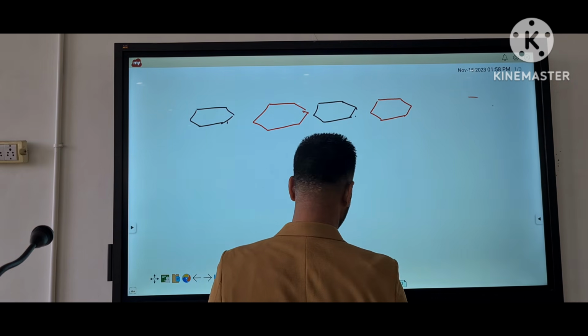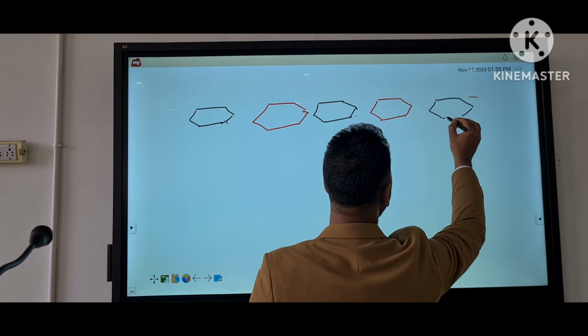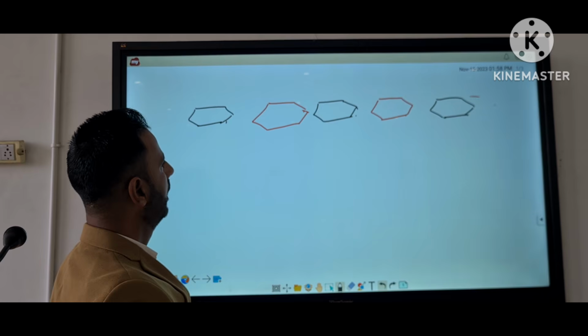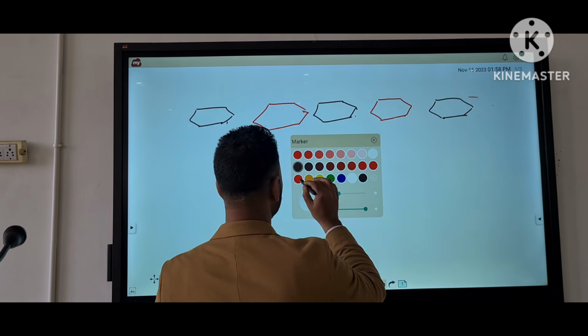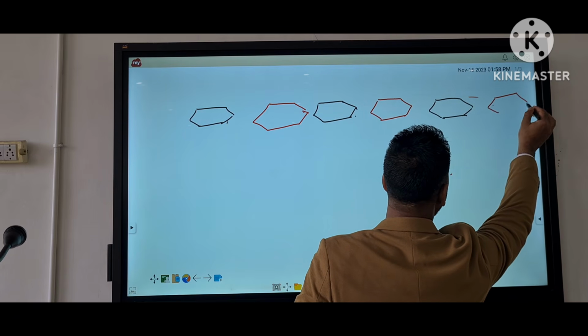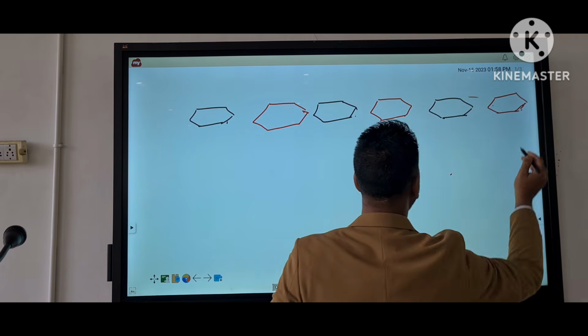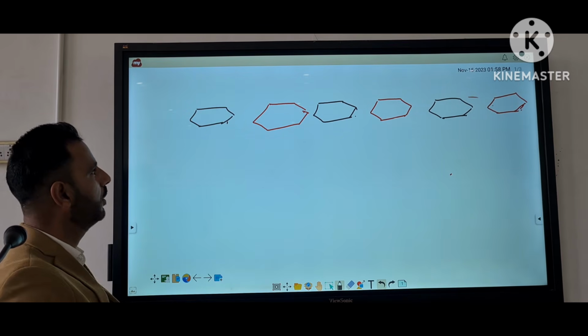N-acetyl muramic acid here. How they are connected to each other? They are connected to each other by beta 1,4 glycosidic bonds.